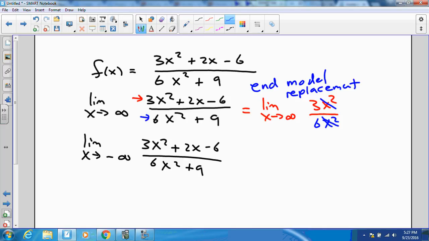Having replaced with the end models, now some very easy simplification takes place, so that I get the limit as x goes to infinity of a constant, 3 over 6, which is the same as 1/2. And the same kind of thing happens down here.